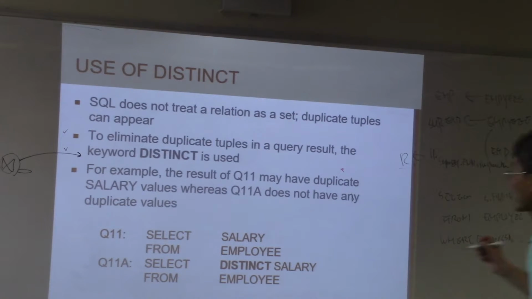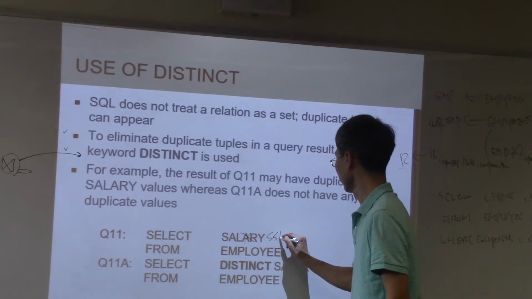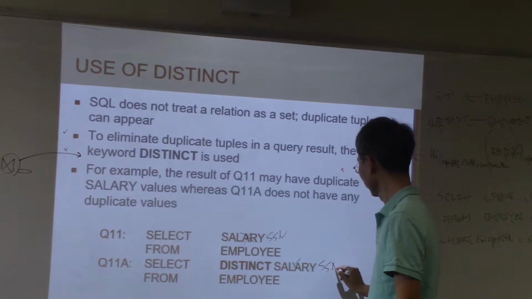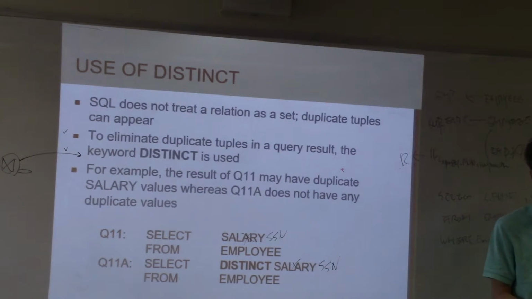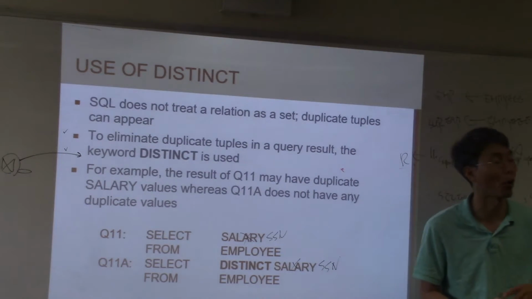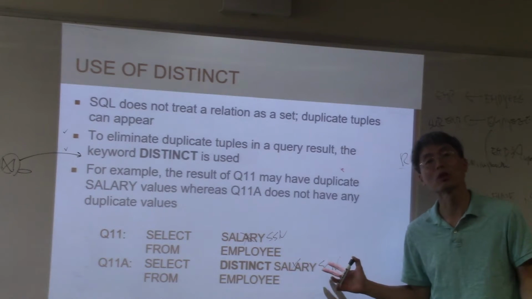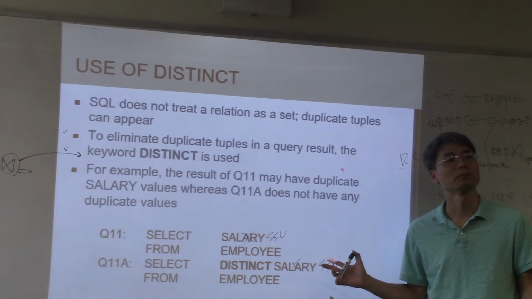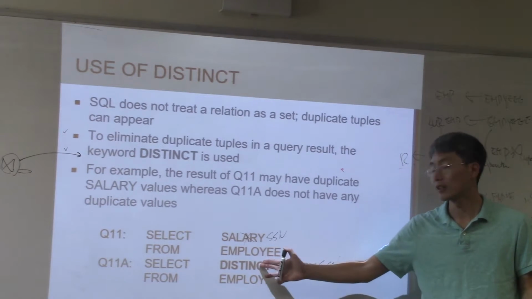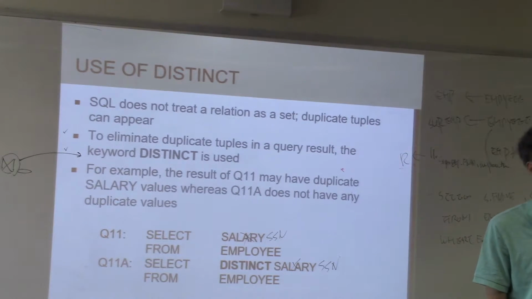So what about SSN? The output will be the same because SSN is already a unique primary key. However, performance will be different. Why? Because how can you find the duplicate data? Compare.